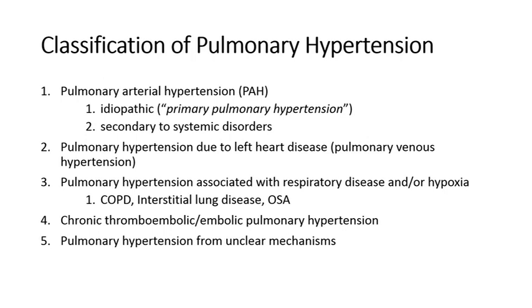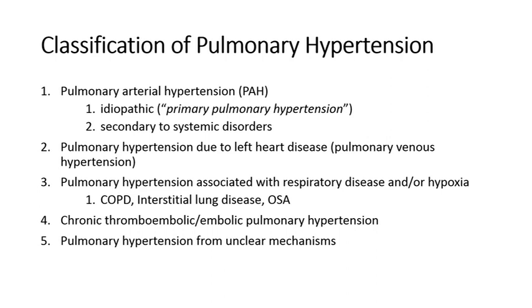And regarding the classification of pulmonary hypertension, we have a specific classification, meaning that we have 5 classes. The first one is pulmonary arterial hypertension, which is subdivided into 2 categories.